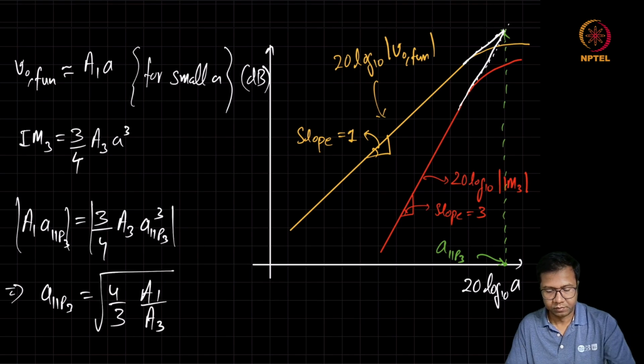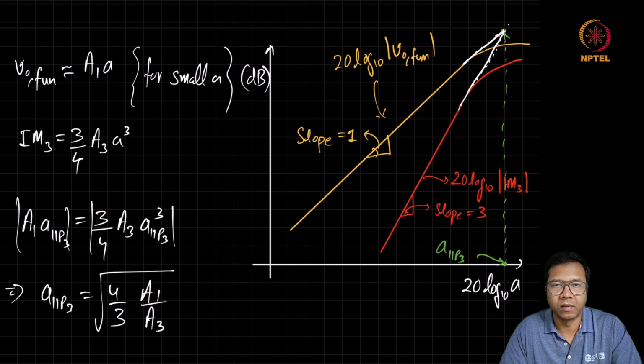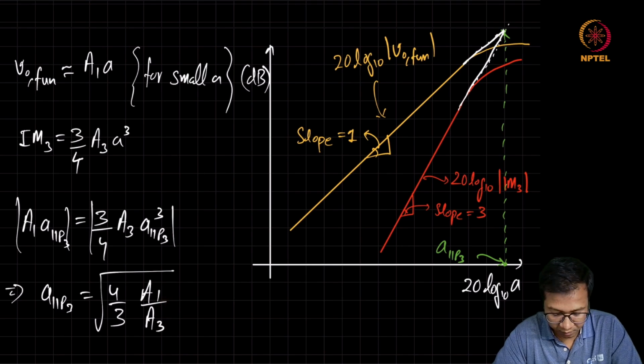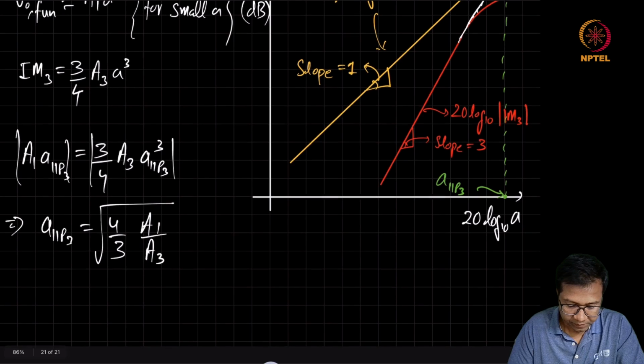So just like the P1 dB, here this AIIP3 also gives an idea about the relative values of A1 and A3.